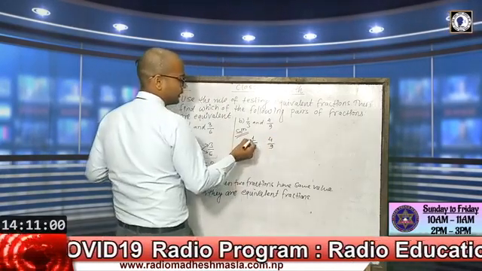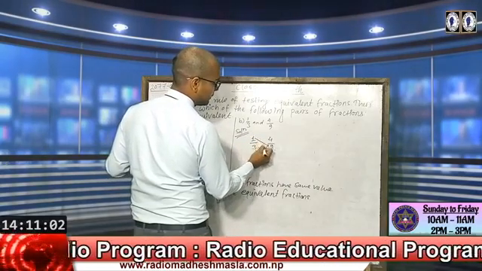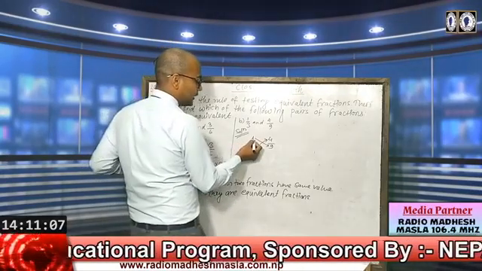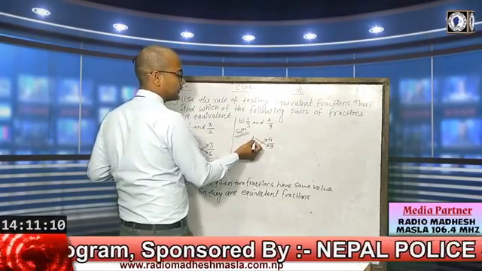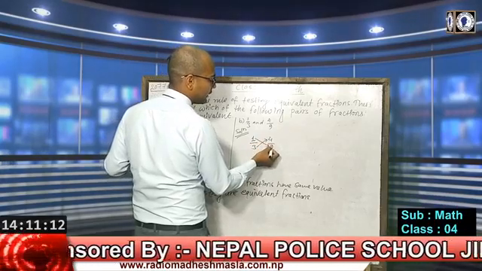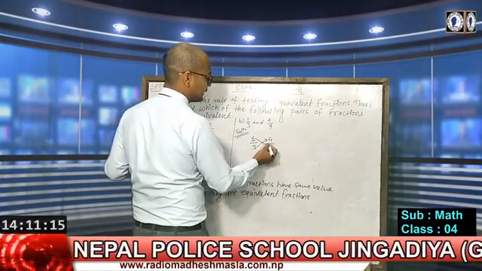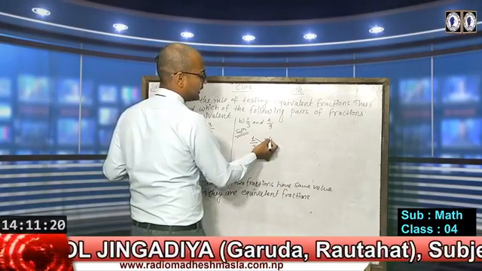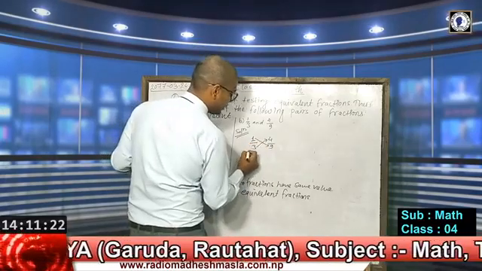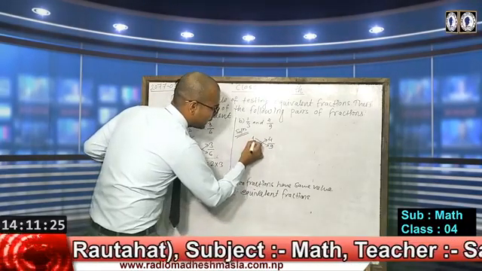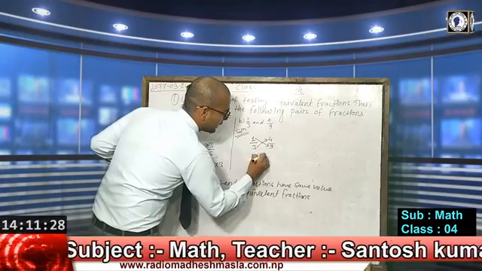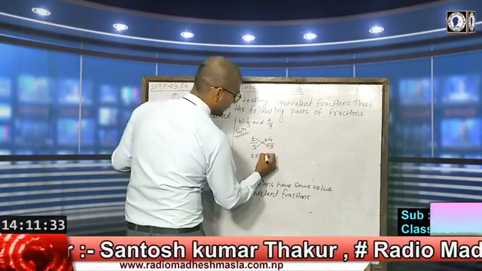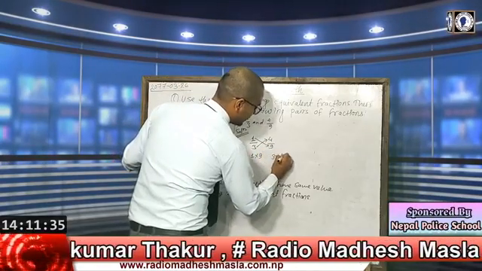In the same way, we use cross multiplication: numerator to denominator and denominator to numerator. That means the numerator of the first fraction is multiplied by the denominator of the second fraction, and the denominator of the first fraction is multiplied by the numerator of the second fraction. We get 1 into 9, which becomes 9. Then 3 into 4 becomes 12.